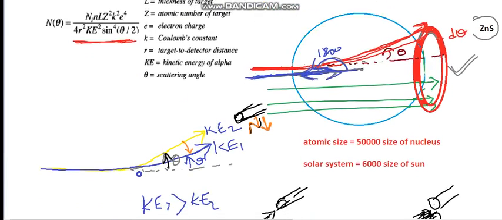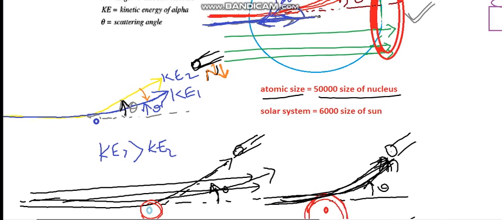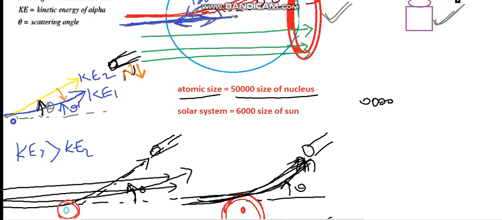So we have one size comparison here. Let's say for the case of a hydrogen atom, the atomic size is equal to 50,000 times the size of the nucleus, which means that if you arrange 50,000 nuclei in a series, then you will get the size of the atom. Similarly, for the solar system, it is equal to 6,000 times the size of the sun.